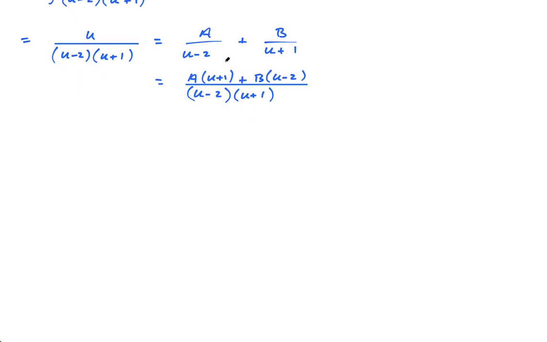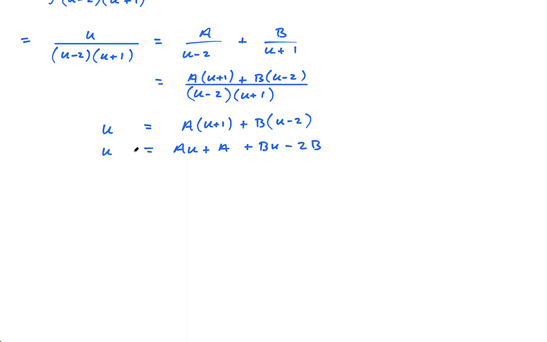If this is the case, then because this is equal to this and their denominators are the same, u has to equal a times u plus 1 plus b times u minus 2. Multiply out: u is equal to a u plus a plus b u minus 2b.